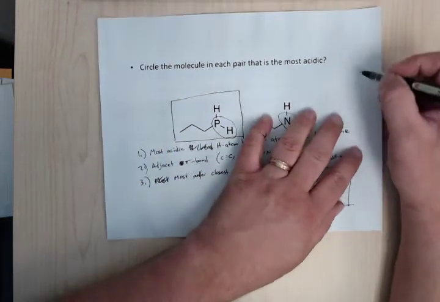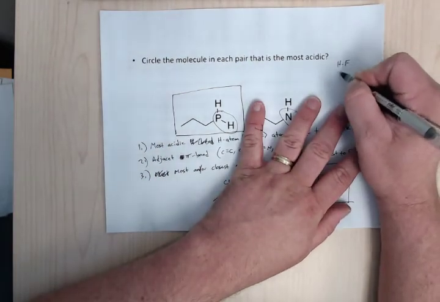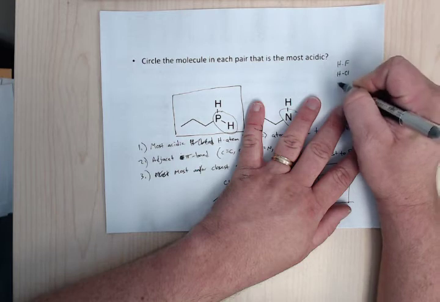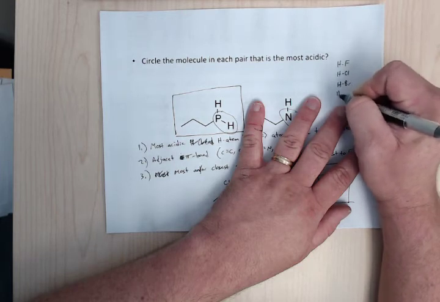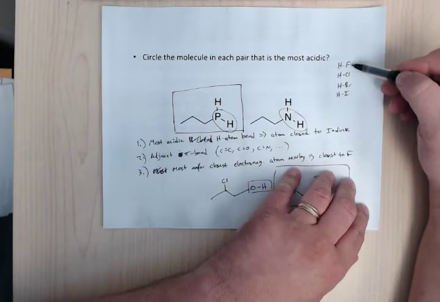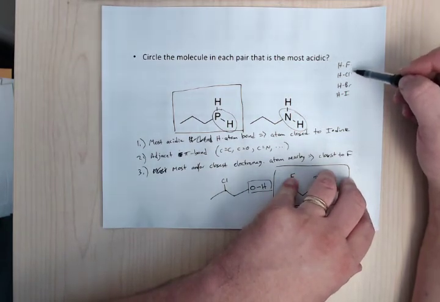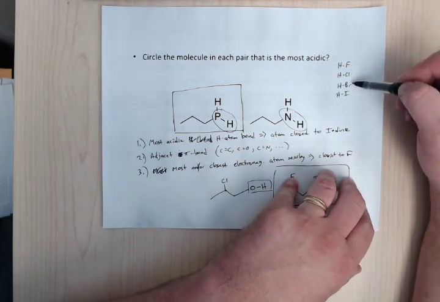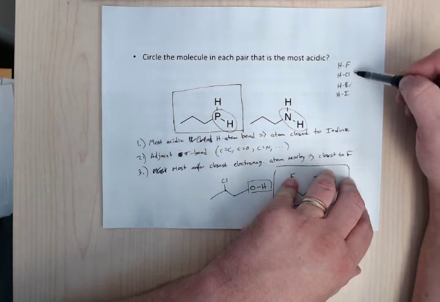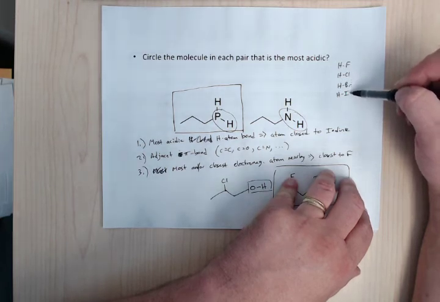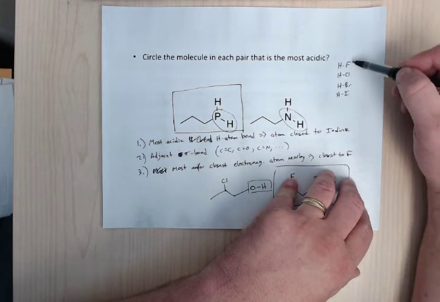You can sort of think about it if you think about just the mineral acids here, HF is actually a fairly weak acid, but HCl is really strong. So the trend continues. HBr is a little stronger. HI is actually the strongest of the four. So that's the trend, right?